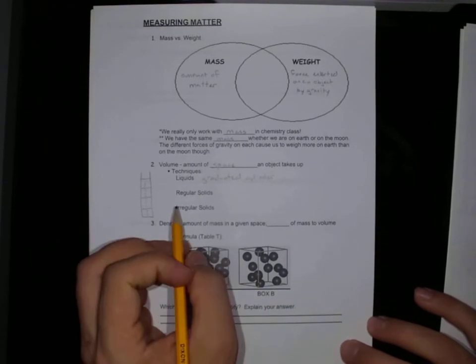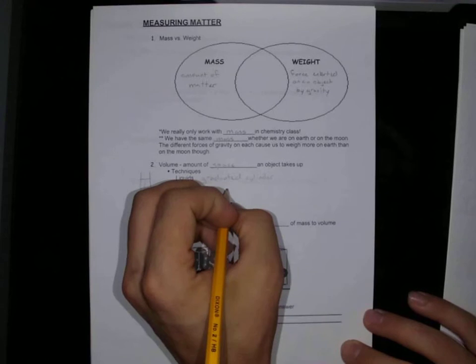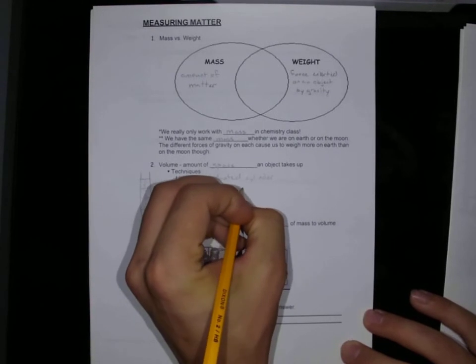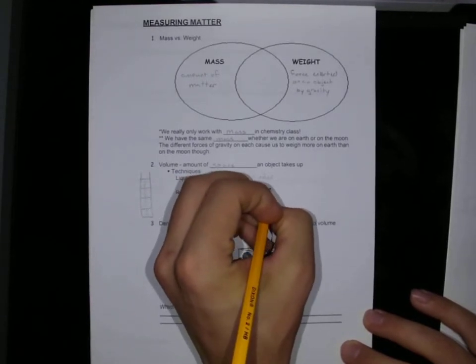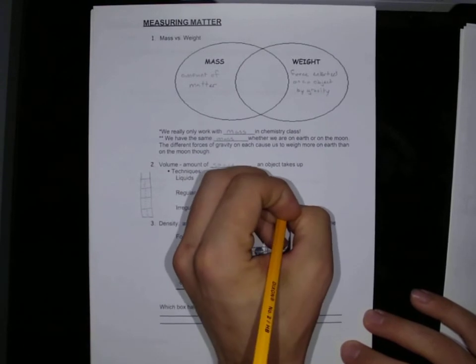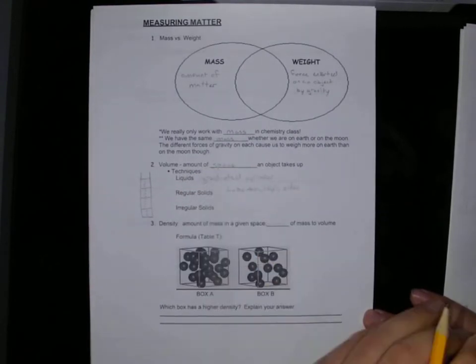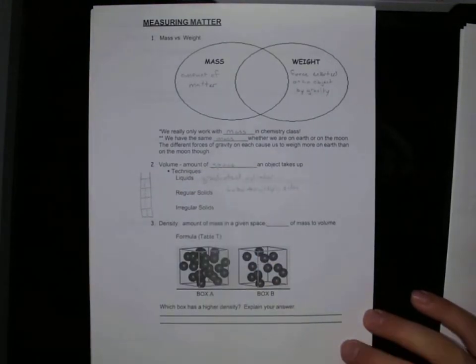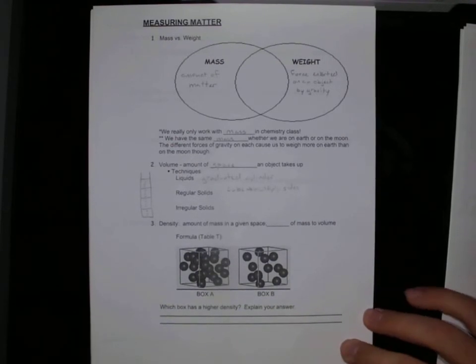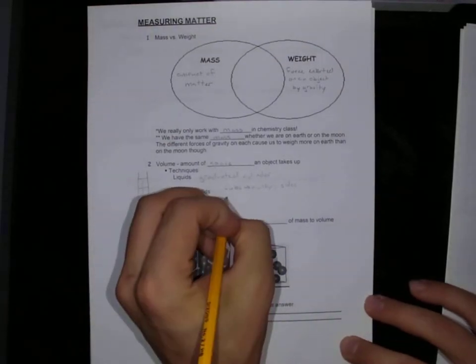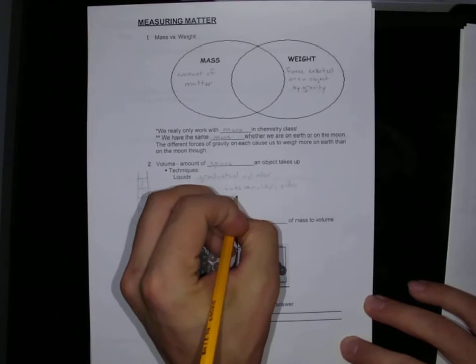So a regular solid, we have different formulas, right? So our cubes, we know, right? We just multiply side. So length times width times height, same with rectangular prisms. If we have a cylinder, right, it's a little bit more complicated.